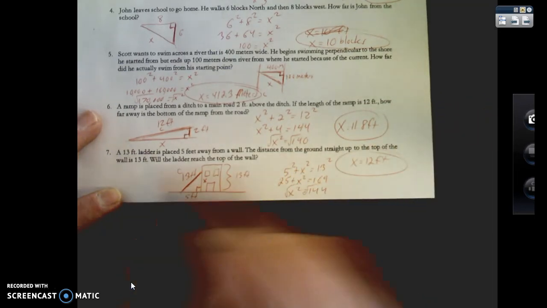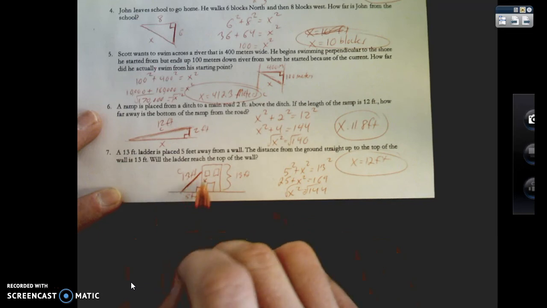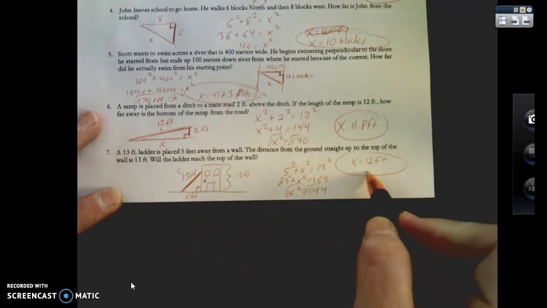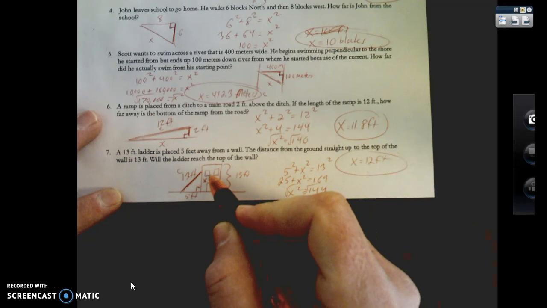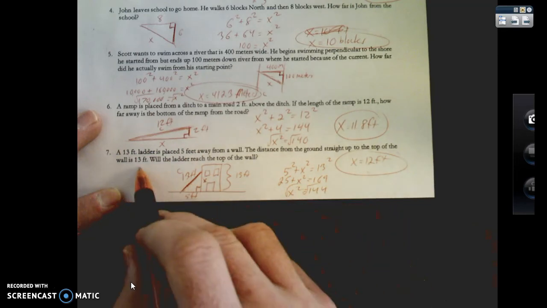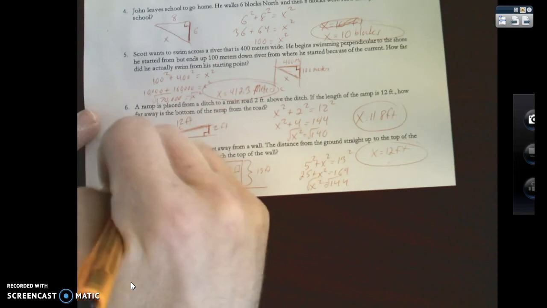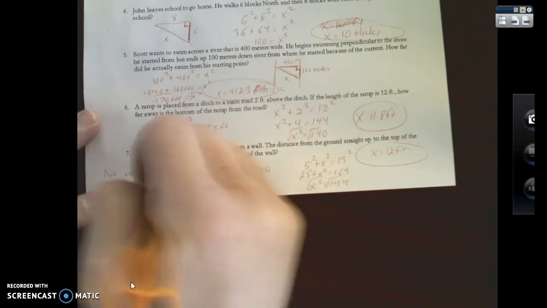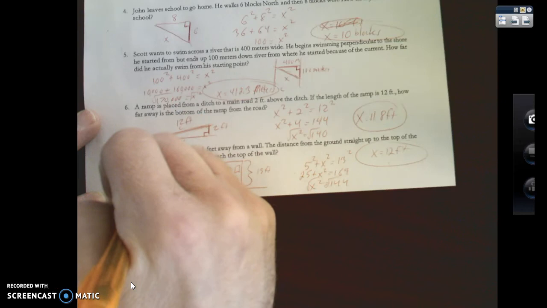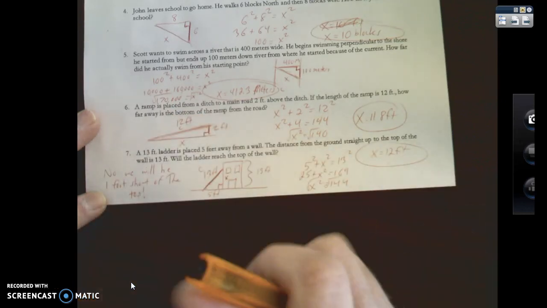So what they're asking here is, will this ladder reach the top of the wall? Well, we just found out that the ladder only goes 12 foot up the wall, but the maximum height of the wall is 13 feet. So we're going to say no, we will be 1 foot short of the top. Okay, and we're in good shape.